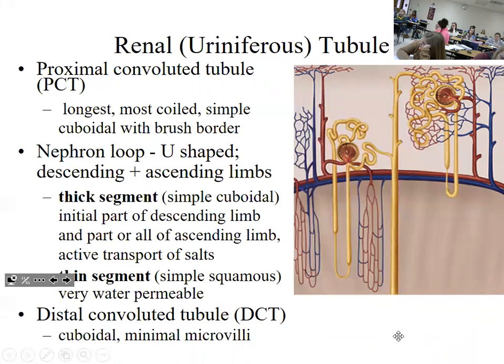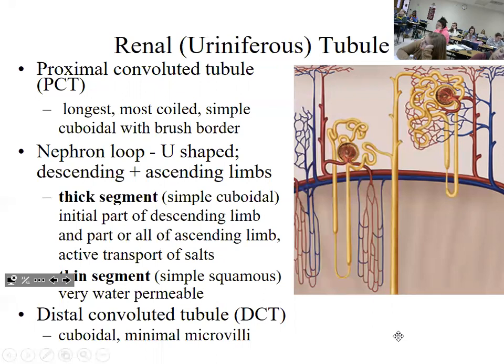So you've lost, in the first filtrate, most of the fluid and some good stuff. So are you going to have time, though, as the filtrate is moving through this to reclaim it? Is the fluid that's in these tubules called urine? Do you think? Why not?